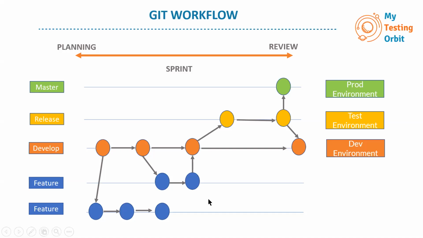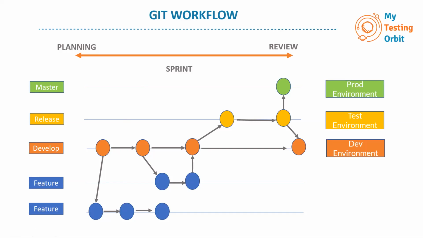After that, when they both are done, of course they have to merge their work on another branch. In Git, we have branches: the feature branch, develop branch, release branch, and master branch. They are working on feature branches on their local machines. Once they have done the work, we have to merge it.